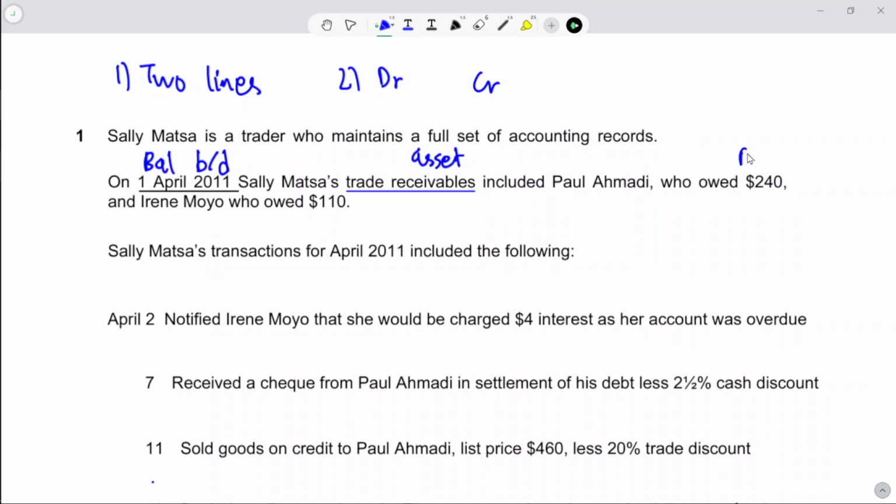For asset we debit. This one is also balance b/d. For asset, we debit.